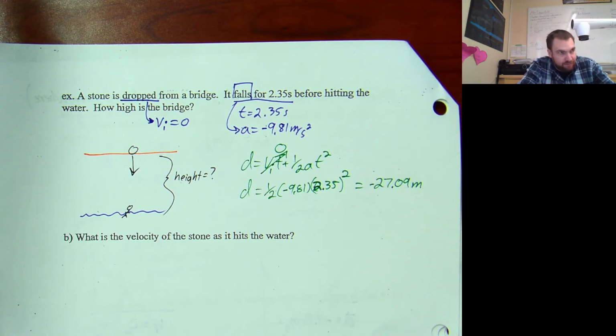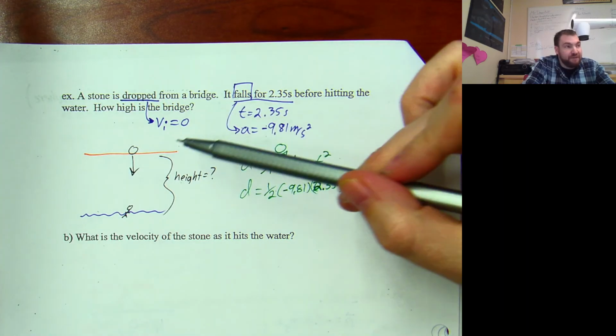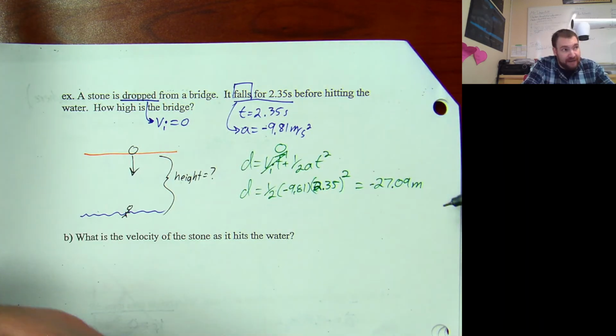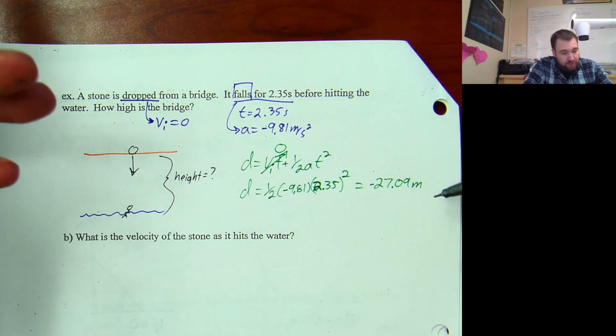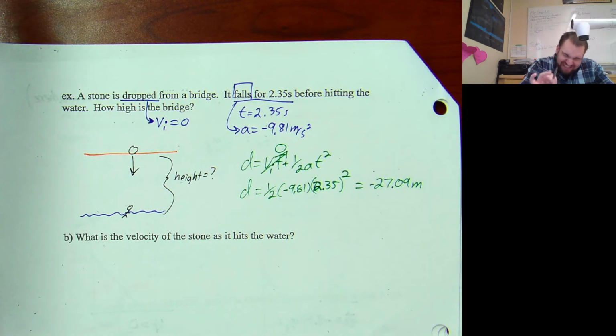What did we find? We found not the distance. We found the displacement of the object, and our object fell down, so the displacement should be negative. That wasn't what I specifically asked for. I asked for the height of the bridge. I didn't ask for the displacement of the rock.